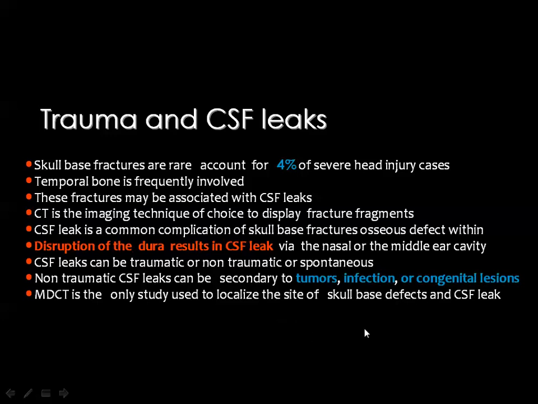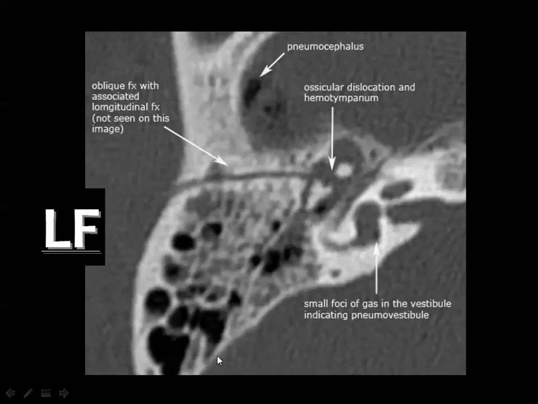In both conditions there is disruption of the dura secondary to trauma and fractures, and this will lead to CSF leak through the nose, which is rhinorrhea, or through the middle ear cavity, which is otorrhea. The CSF leaks can be traumatic or non-traumatic. The non-traumatic causes include tumors, infections, and some of the congenital lesions.